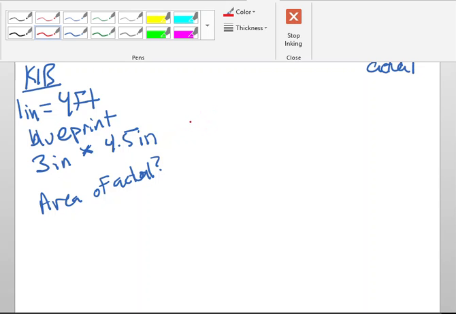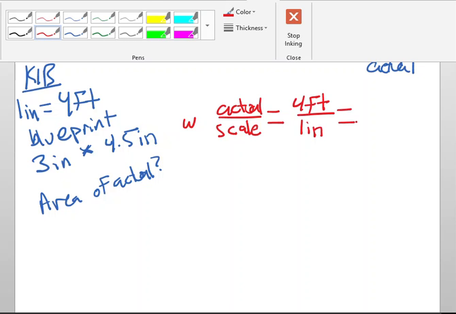All right, so my width here, I'm going to go actual over scale is equal to 4 feet over 1 inch, right, because that's my scale, equals, and then we'll say W, because I don't know my width, over 3 inches.